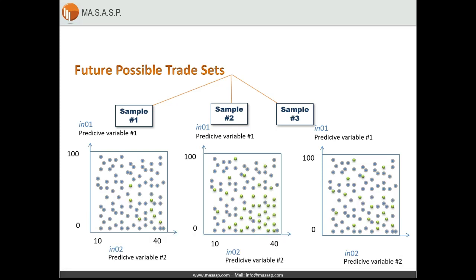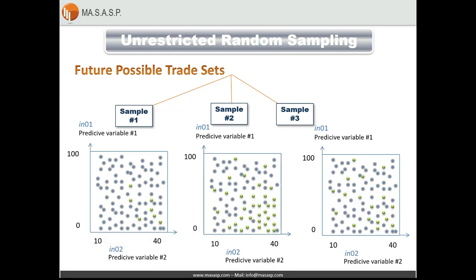For math lovers, let's get a bit into the technicalities of this trait picking at random. What we do here is called unrestricted random sampling. That means that we can pick up the same trait twice or even more times to put it into the same output set.